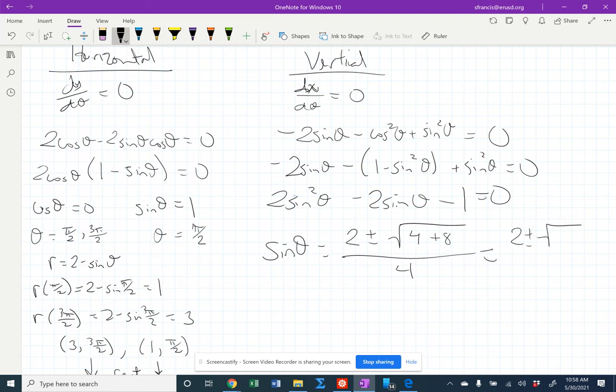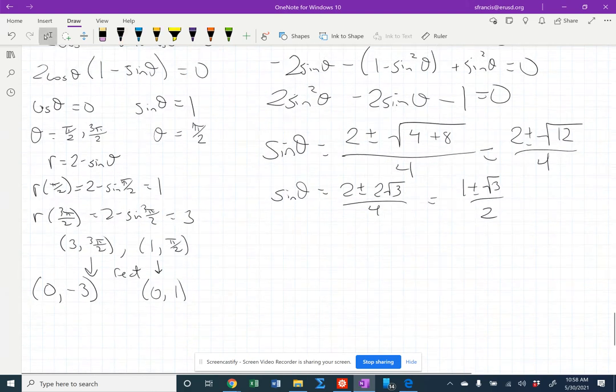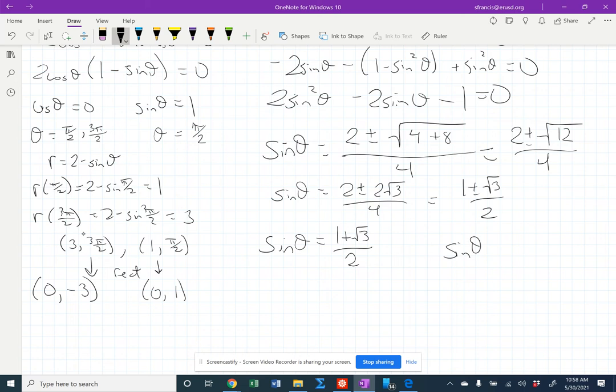This is 2 plus or minus root 12 over 4, or 2 plus or minus 2 root 3 over 4, or 1 plus or minus root 3 over 2, if you want to simplify it. So I got two values for sine here. Sine is going to be 1 plus root 3 over 2, or 1 minus root 3 over 2.